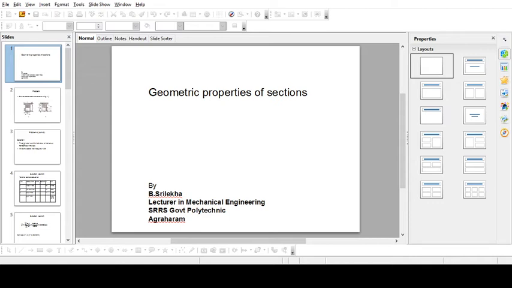So 2b by 3 means 2 into 30 by 3, and 15 by 3. Next, for the semicircle, along the vertical axis it is simply d by 2, and along the horizontal axis it is 30 plus 4r by 3 pi. So that will be its centroid.